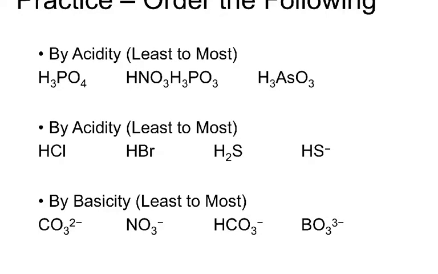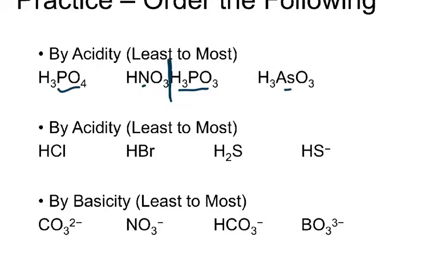So here, there should be a space in here. So we're comparing HPO4, HPO3. Well, HPO4 is going to be stronger than HPO3 because there are 4 oxygens rather than 3. And then we're comparing phosphorus, nitrogen, and arsenic, where nitrogen's at the top, on top of phosphorus, which is on top of arsenic.